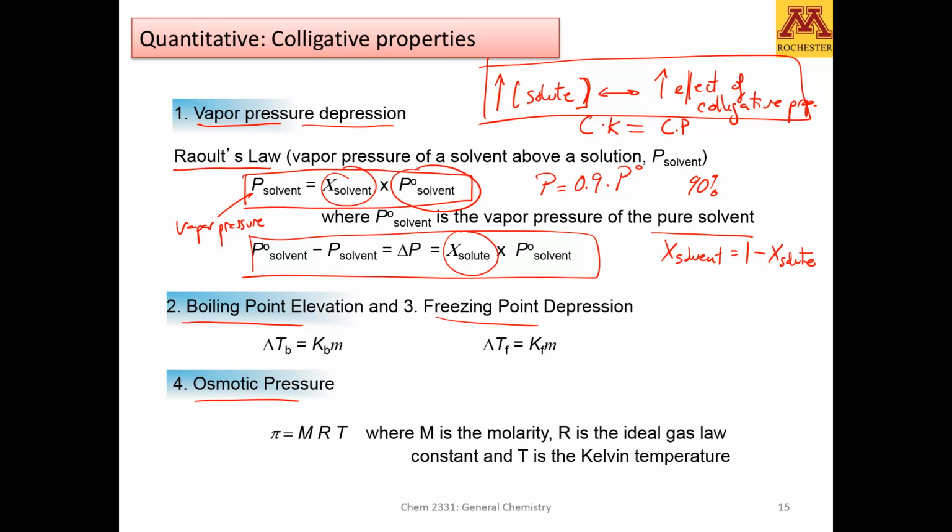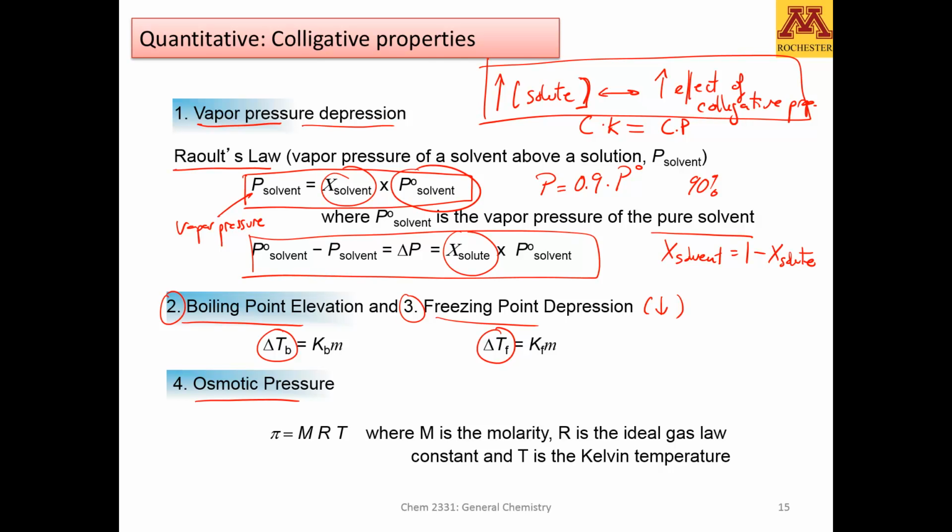Okay, the other two colligative properties, the boiling point elevation and freezing point depression, talk about the same. Notice that this change, in the boiling point elevation, should be positive, and this one should be negative. It will, in both cases, be positive, just so you know that in the freezing point depression there is a decrease of temperature. Okay, so make sure that you keep that into account.